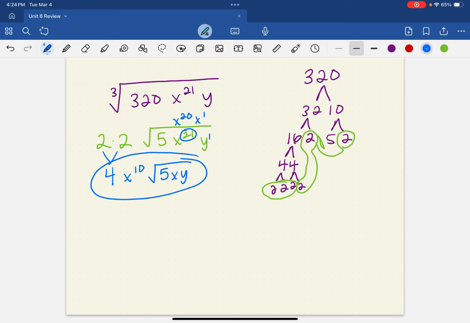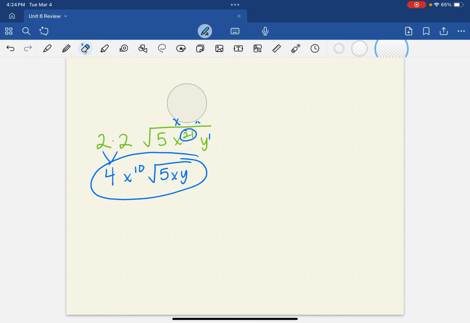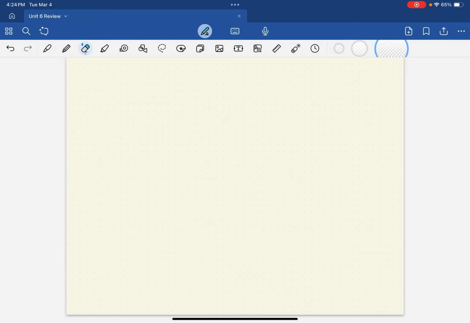Okay, next one. I'm going to go ahead and erase this. So here we go. Next one. Number 3. So we have 3 cube root of 243 minus the 4th root of 48.